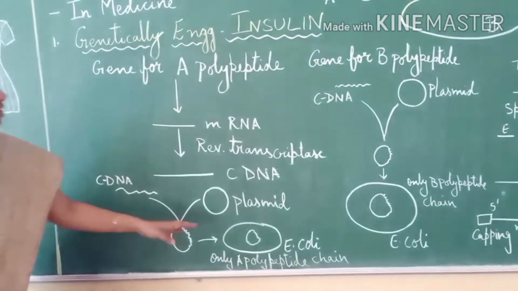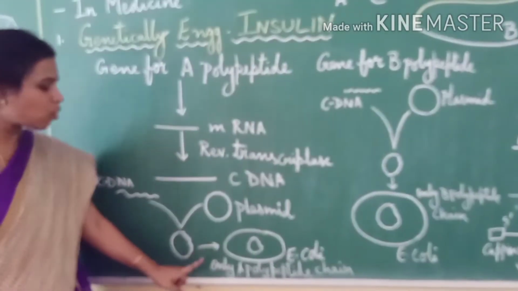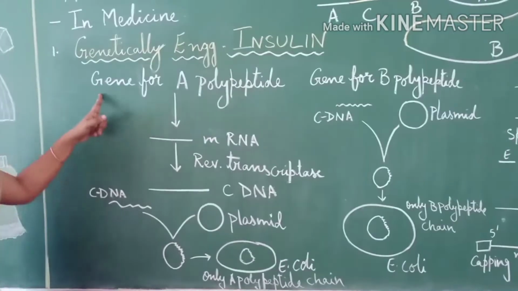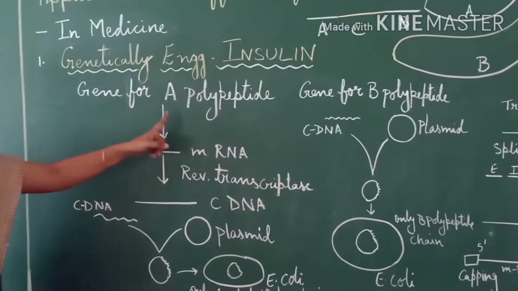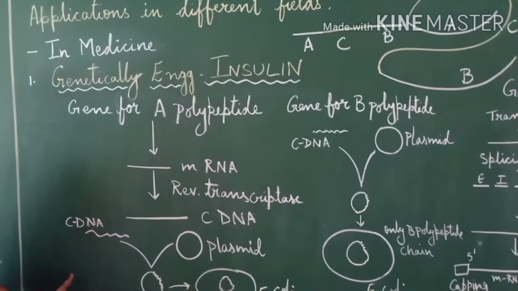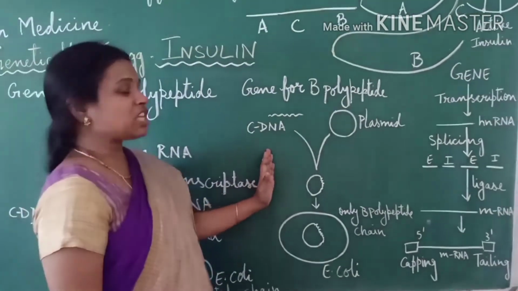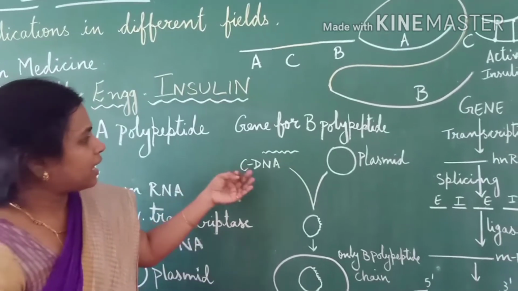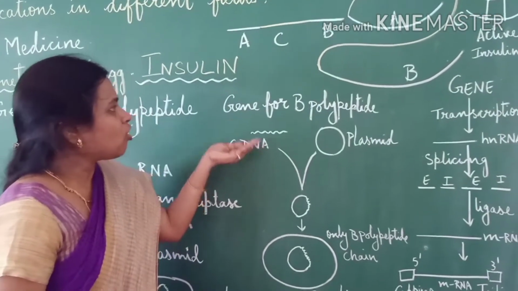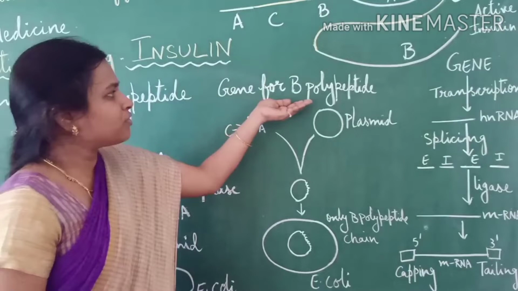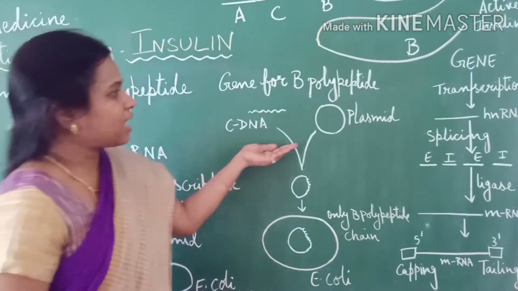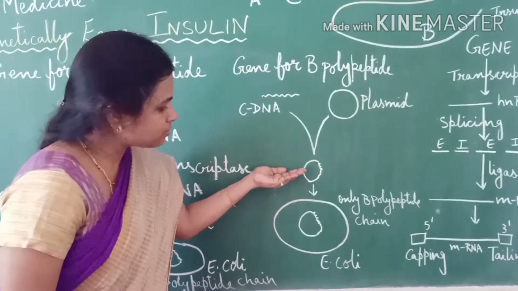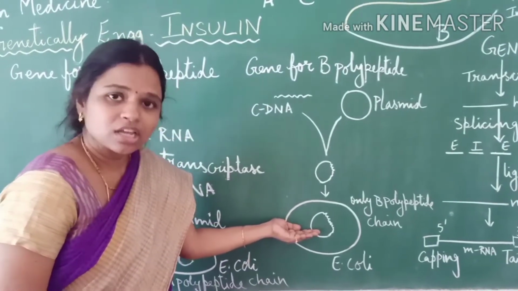Here this prokaryote will produce only the A polypeptide chain, as we have inserted the gene for the A polypeptide chain only. The same procedure was done for the B polypeptide chain: the cDNA of the gene coding for the B polypeptide chain was inserted into the plasmid, and then the recombinant plasmid was inserted into E. coli.